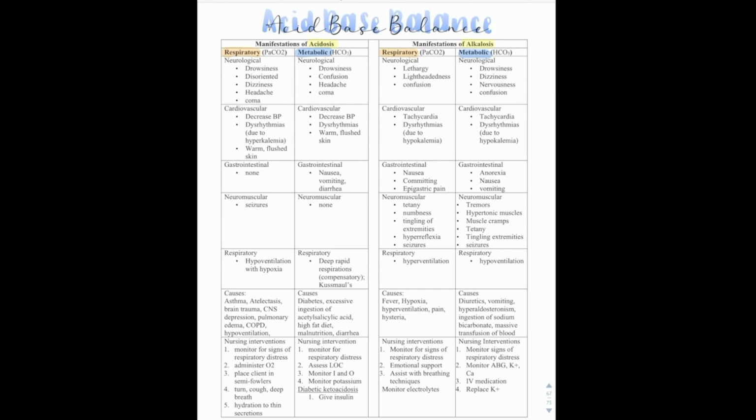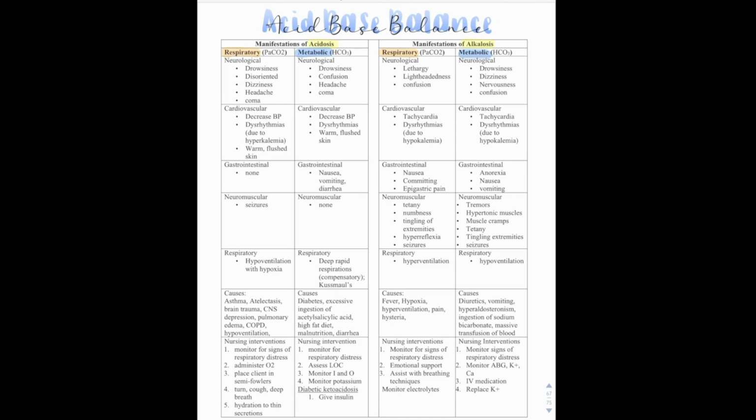So first, let's talk about acidosis. If it's a respiratory acidosis, we're going to see drowsiness, disorientation, dizziness, headache, or coma. And if it's a metabolic acidosis, we're also going to see drowsiness, confusion, headache, and coma. If we come over to alkalosis, for neurological, respiratory shows lethargy, lightheadedness, confusion, and metabolic shows drowsiness, dizziness, nausea, confusion.